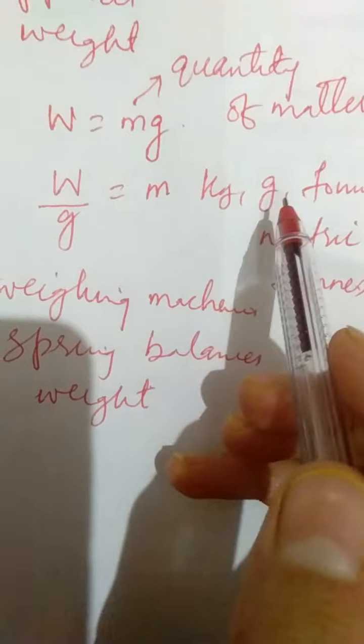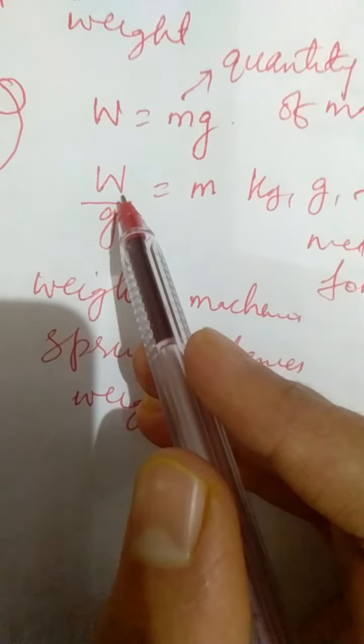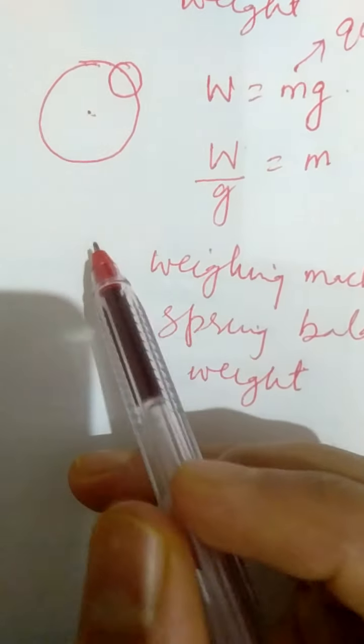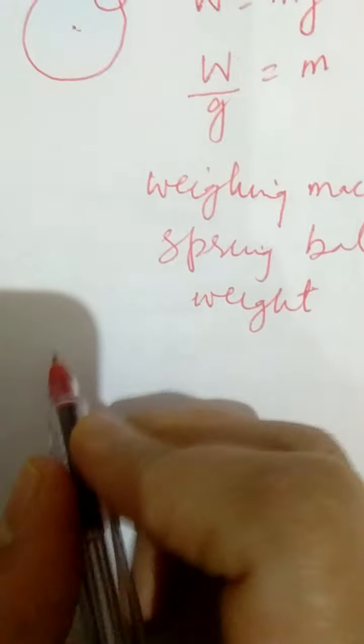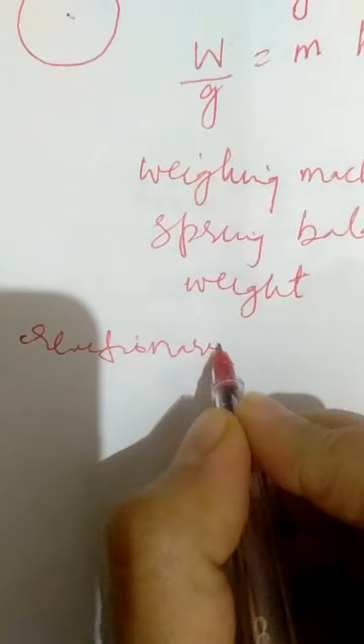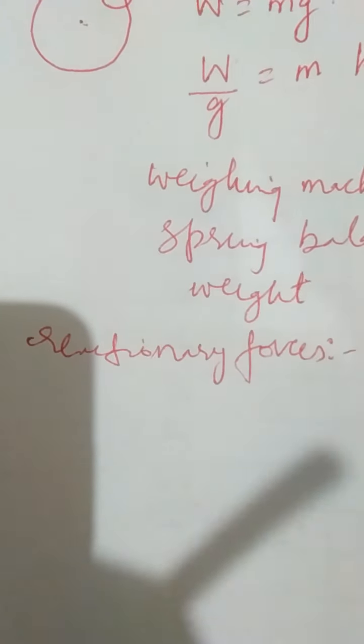It is measured in terms of grams, kilograms, tons, or metric tons, while weight is a force with which a body is attracted towards the center of Earth. Now, the question is, if bodies are attracted towards the center of Earth, then why don't we fall through the floor? And why don't we exactly reach the center of Earth? The answer is that there are certain reactionary forces. In Newton's third law, you have read that action and reaction are equal and opposite.